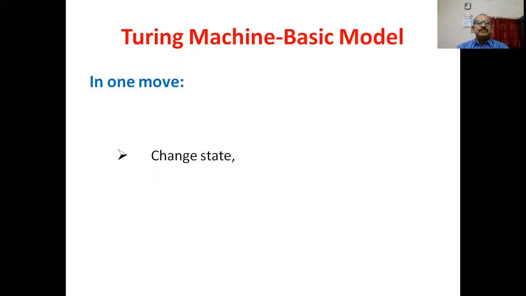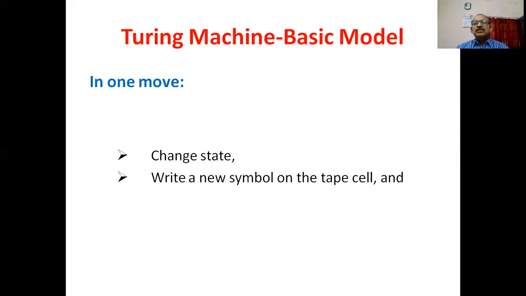Next, it writes a new symbol on the tape cell pointed to by the tape head and moves the head one cell left or right.